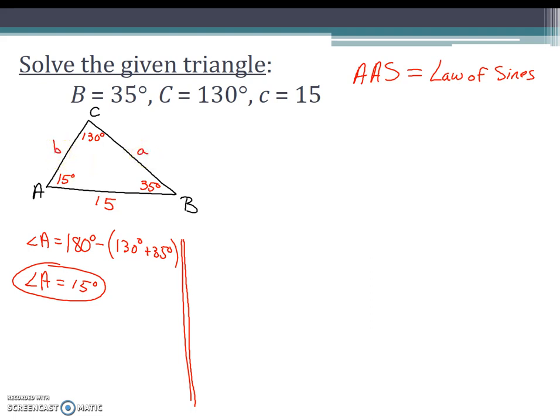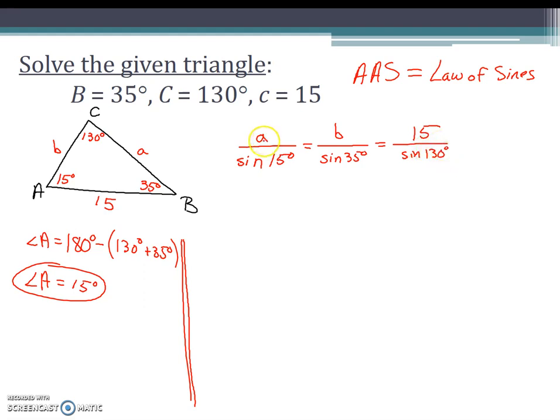What I'm recommending that you do is write out the full length of the law of sines. As you continue writing out your whole three ratios, you'll see pretty quickly that it lets you know how to proceed.